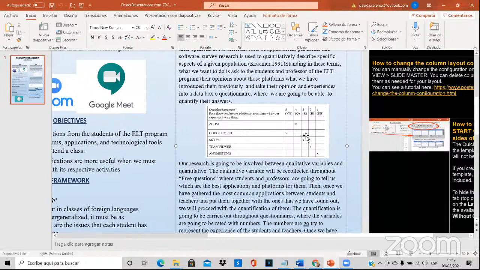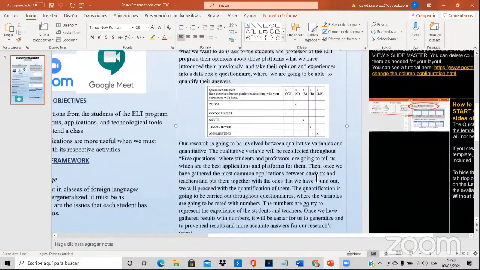At the end, we can say, okay, Zoom has a qualification of 3 or 5 in general, taking into account all the qualifications that we got from the students.